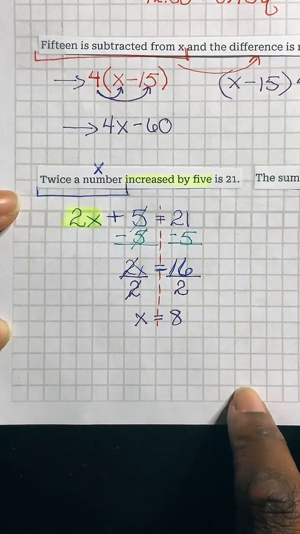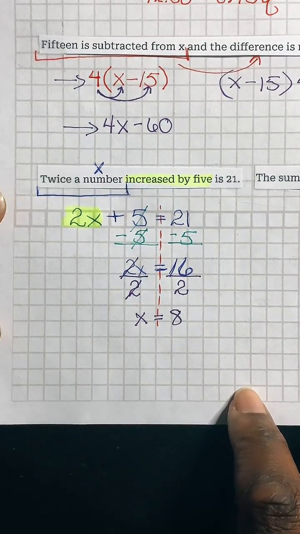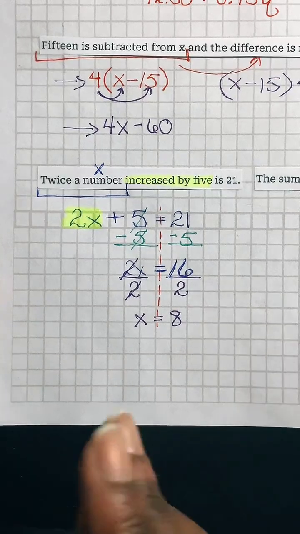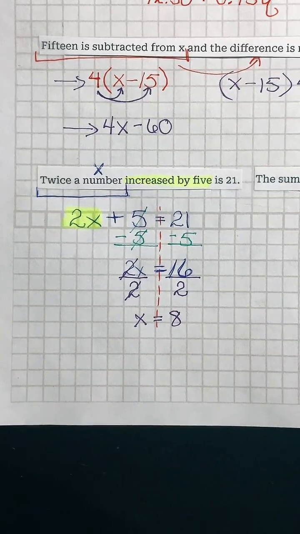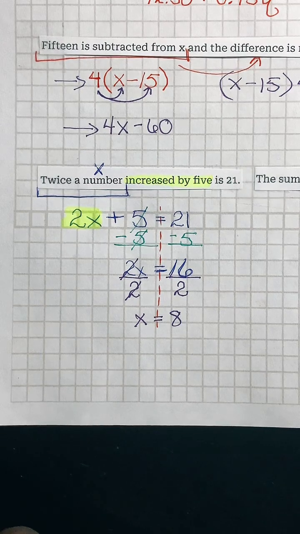I would love to know, why not divide first? Okay, we need to isolate our variables. We need to isolate that variable before we do anything. Because if I divide everything by 2, I'm going to have 5 halves, and people don't like fractions.